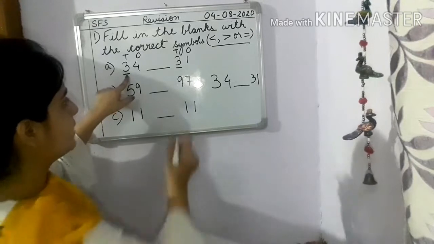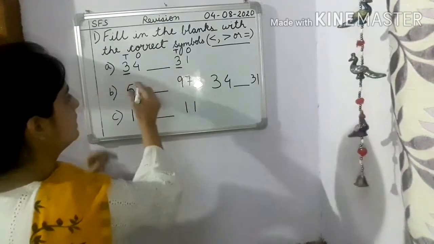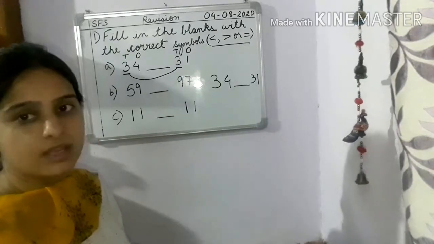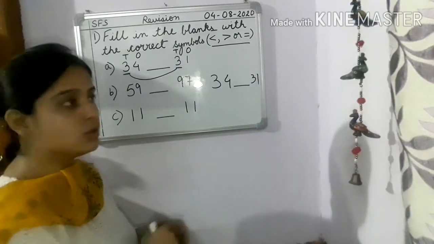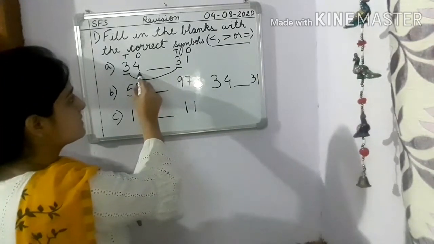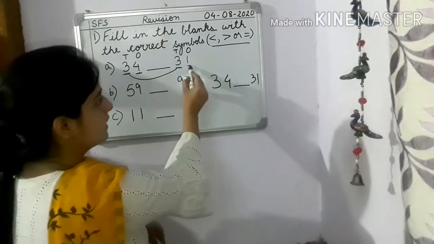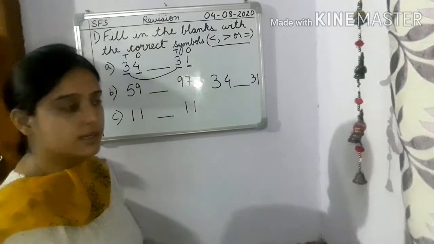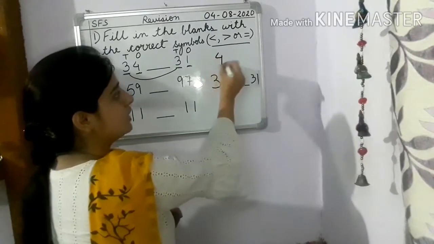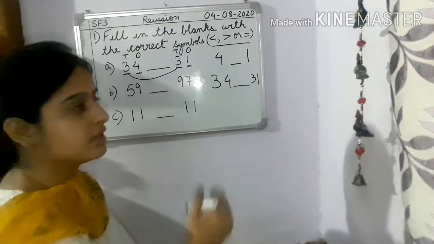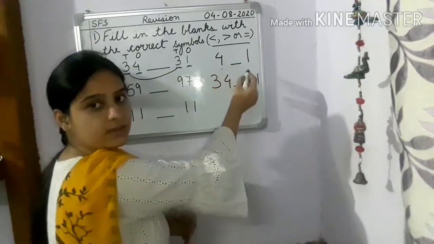So first we have compared tens place, children. Both tens places are same. So now we will move to ones place. What is here? 4. And what is here? 1. So children, between 4 and 1, which one is bigger? 4 is bigger than 1.